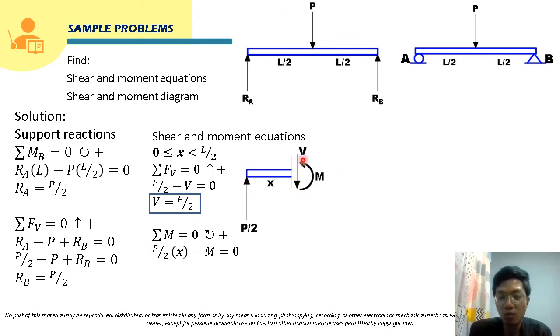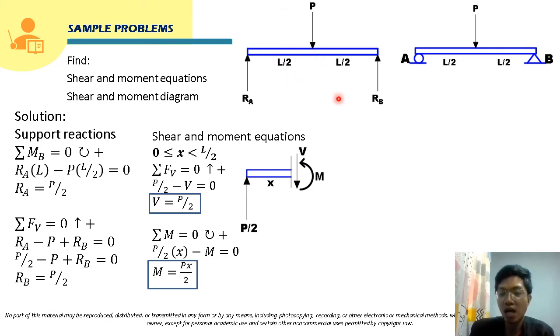The internal moment is negative since it is counterclockwise. Solving for M, this is Px over 2. So this is now the moment equation. These shear and moment equations are applicable only for distance x from 0 to L over 2, from here to here.